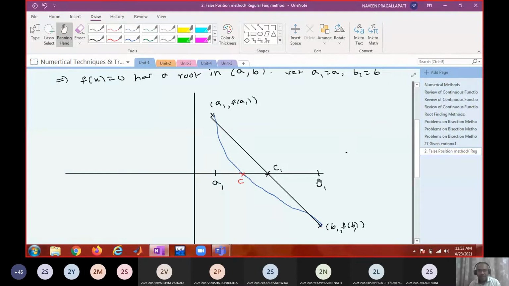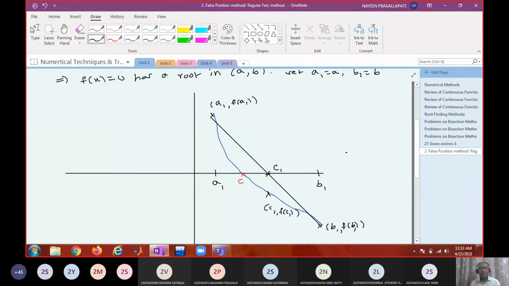F of B1 is also negative. So we are not sure that there is a root in between C1 and B1. So you omit the C1 B1 interval, and you select the A1 C1 interval because f of A1 is positive, f of C1 is negative. Where is f of C1? See, this is C1. This point is called C1 comma f of C1.